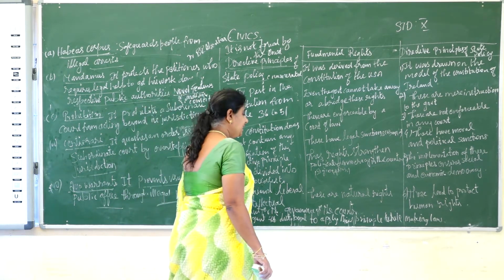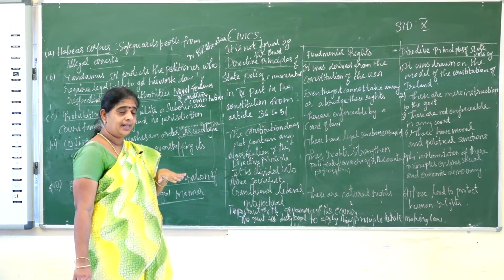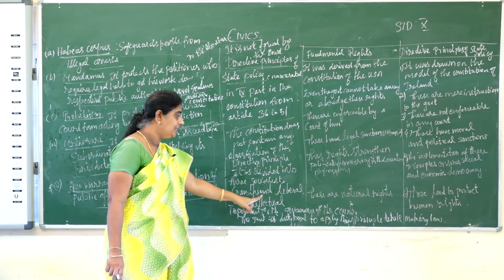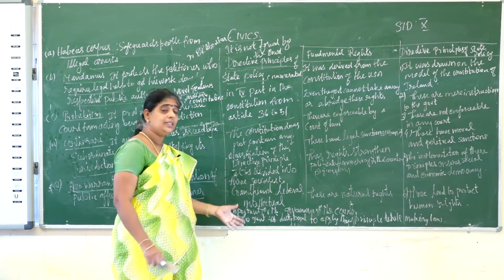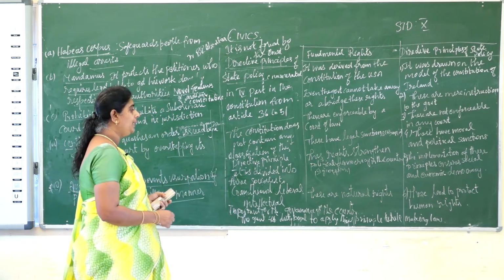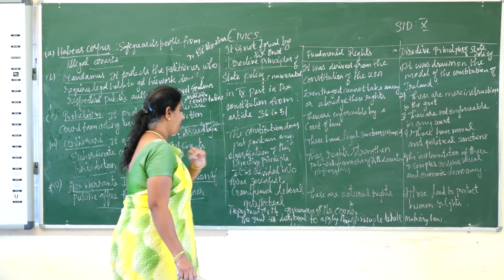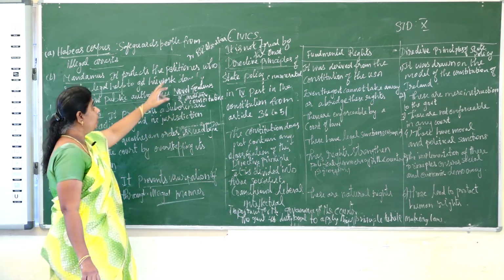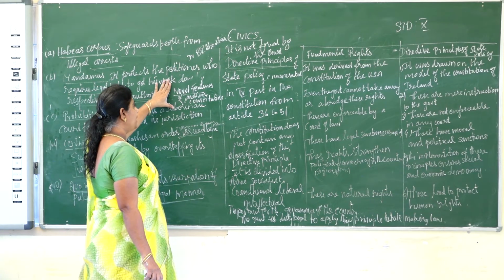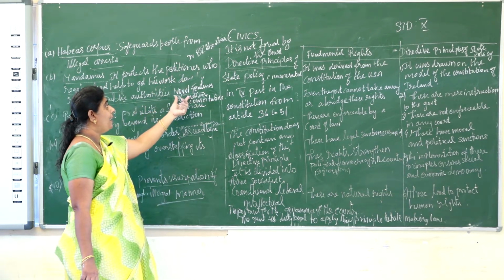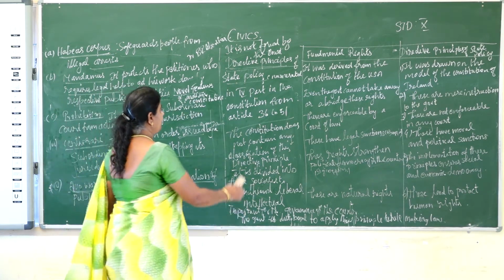It is not enforced by any court, but to govern the country it is necessary, and the government is duty bound to apply this principle while making law. According to Dr. B.R. Ambedkar, this principle is described as the novel feature of the Indian Constitution.